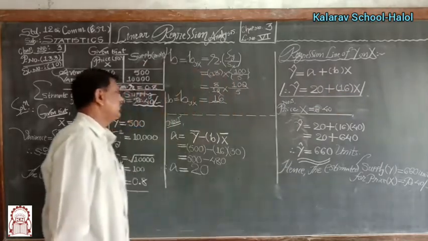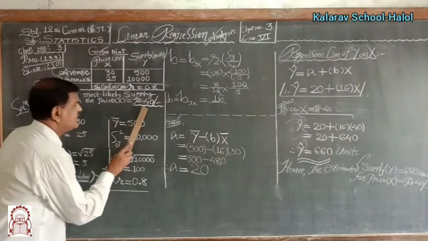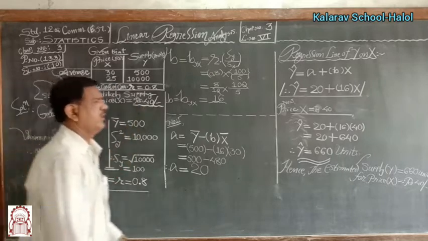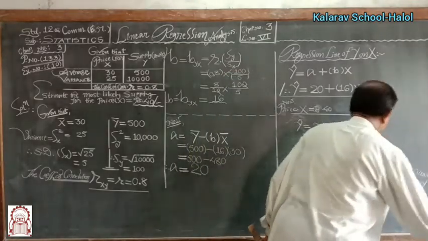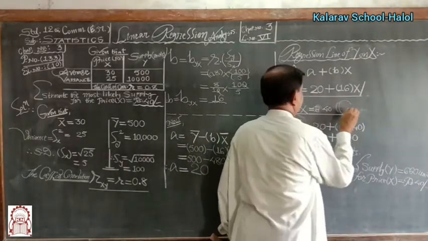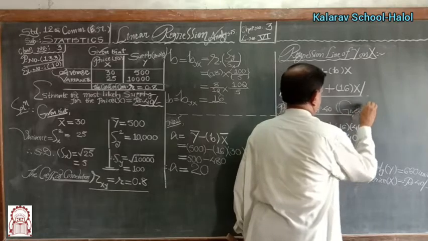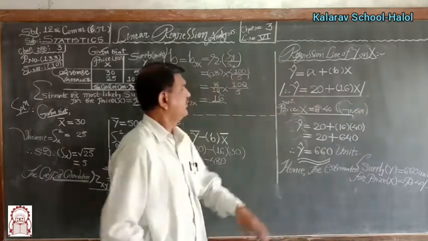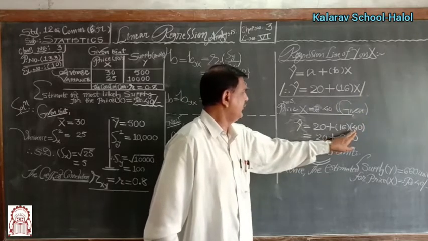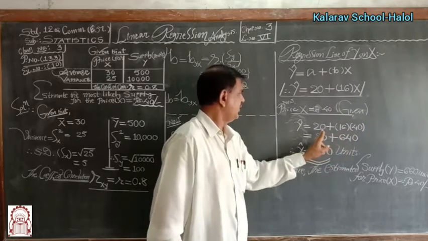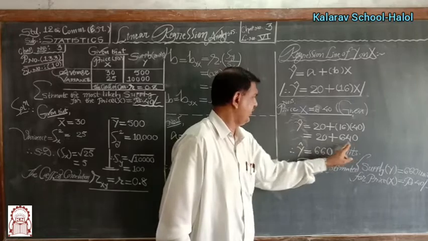Now substitute x, means price, is rupees 40. This 40 is already given to us. Substitute x equal to 40: 16 into 40 is 640, 20 plus 640.